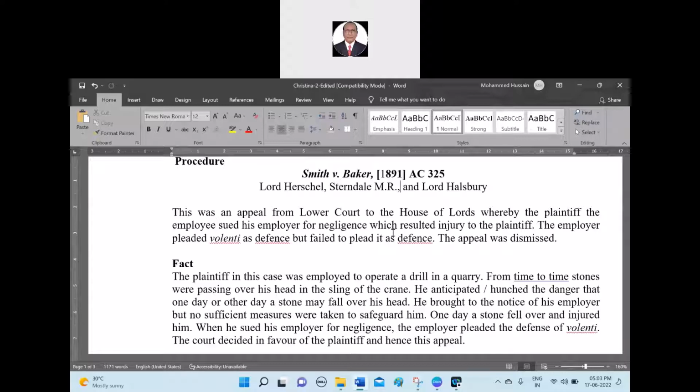That means the gist of the case should appear in three lines: from where it came, who are the parties, what is the cause of action, what is the defense, and what is the outcome of the court. That is the gist of the entire case.